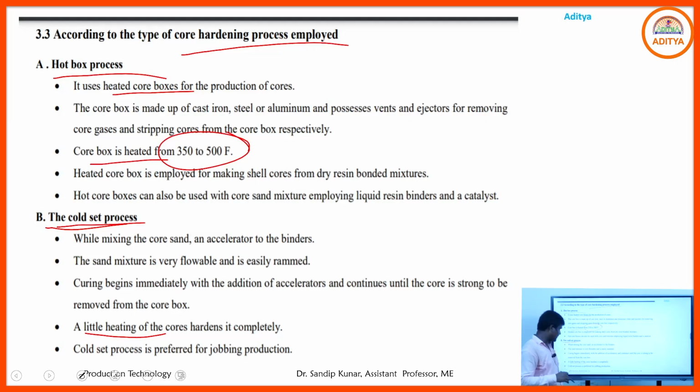Cold set process is preferred for jobbing production. Job production means the product will be manufactured as per a specific order. That cold set process is more useful in case of jobbing production.